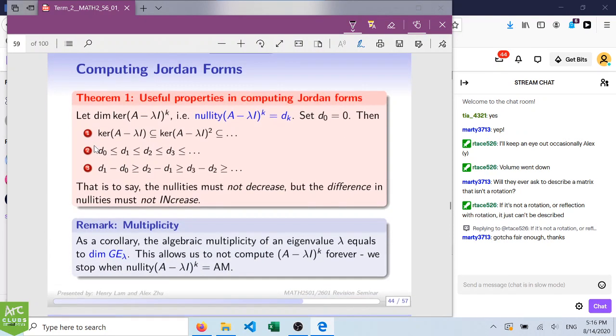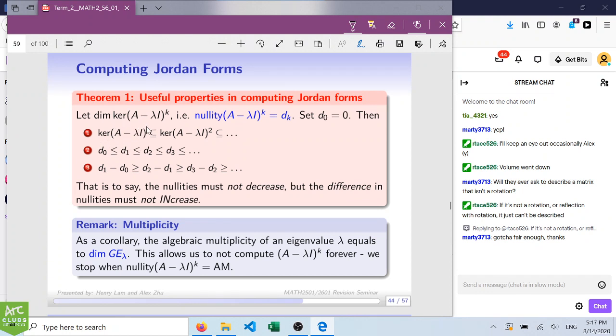Okay, and then this part is how we're actually computing the Jordan forms. There's a bit of a mouthful here, but pretty much what you have to do is find something called the Jordan chain. This kernel of A minus lambda I is a way of representing the chain.